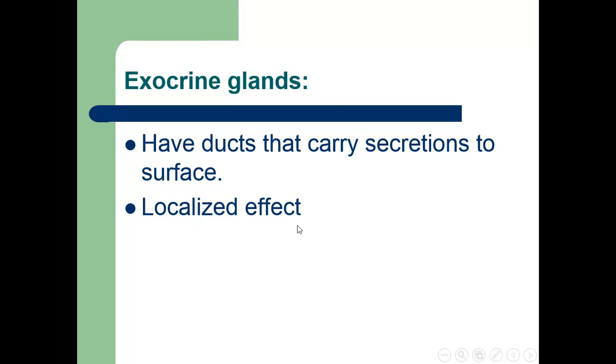The effect of the gland is localized, because the salivary glands will secrete saliva. It will function in the mouth and not elsewhere. The pancreas will secrete digestive enzymes which will work in the small intestine but not in the liver, not in the mouth, and so on.